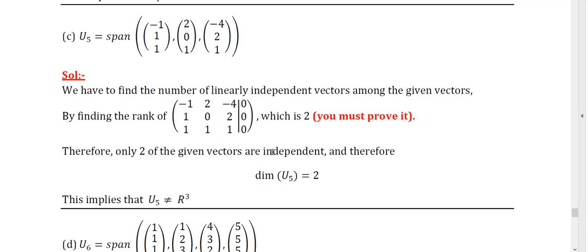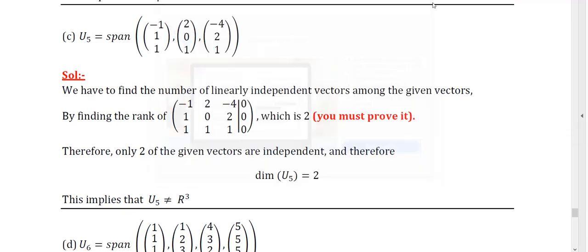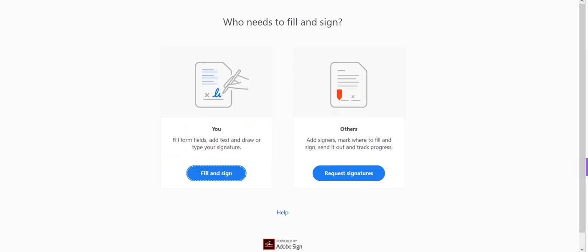How do we know the linear independence? I will tell you here. Let me trace here the main diagonal elements. I'm sorry, I need a pen if it's possible.